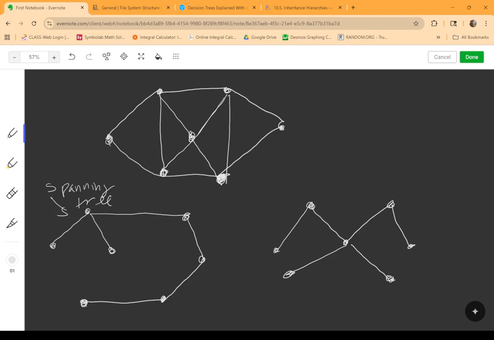Also here, another subgraph contains all the vertices and is a tree, right? A tree contains no cycles. So it's an interesting property to relate any connected graph to a tree.